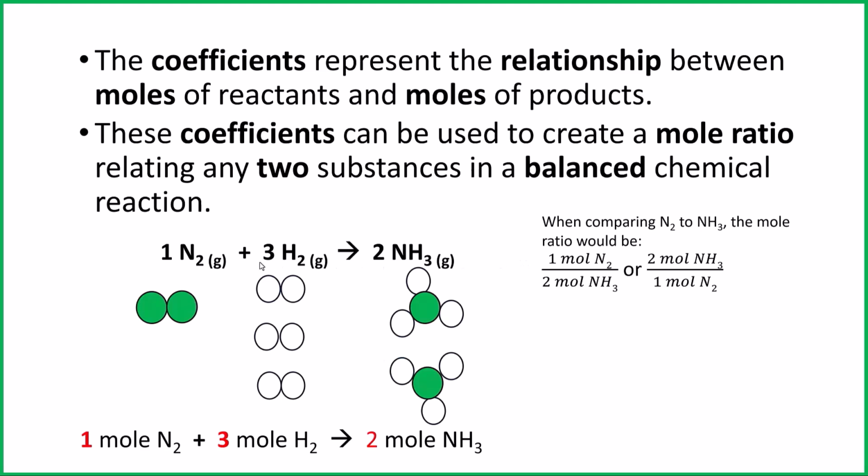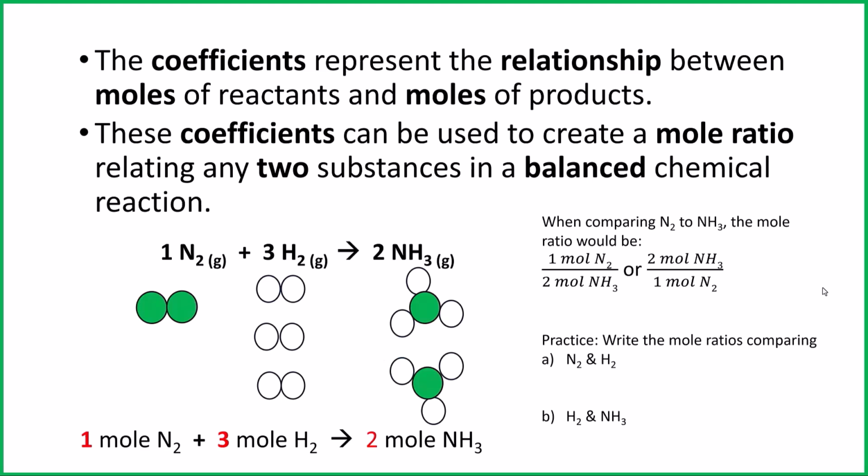So when comparing nitrogen gas to ammonia, the mole ratio would be 1 mole, using this coefficient here, 1 mole of nitrogen gas over 2 moles of ammonia, or sometimes we need the conversion factor to work in the opposite direction. So we could also write that as 2 moles of ammonia over 1 mole of nitrogen gas.